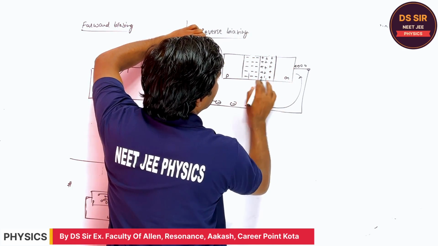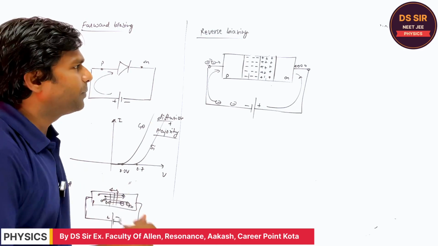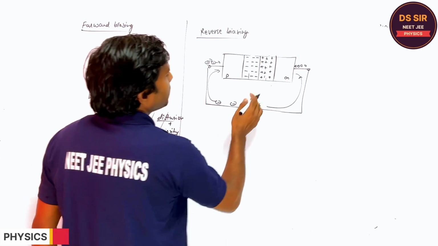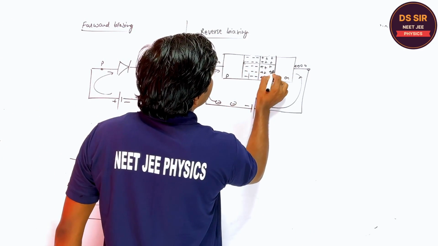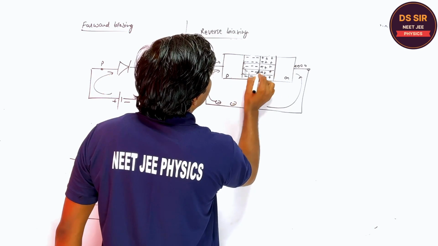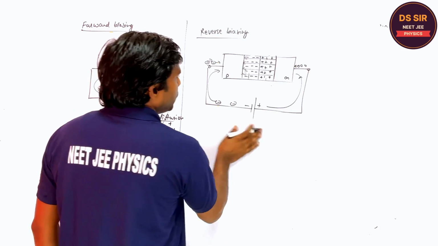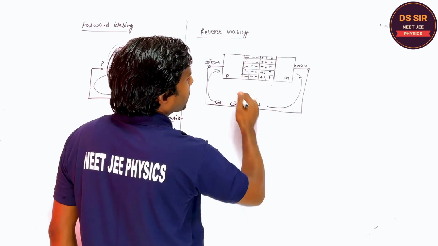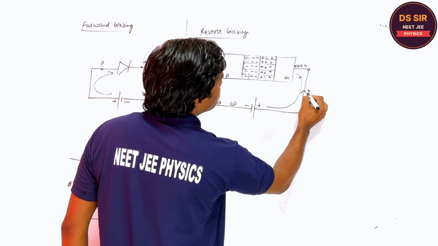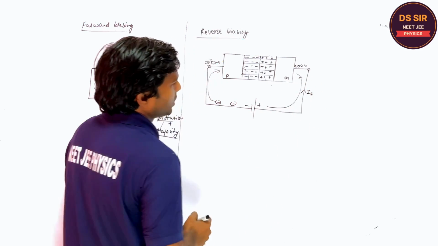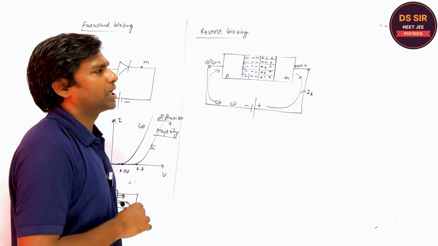Do you understand or not? The depletion width is increased, and a very high electric field is produced inside the material. Are you getting or not? And a very small current starts flowing. This is called the reverse saturation current, due to the minority charge carrier.